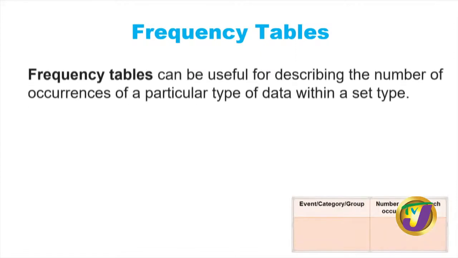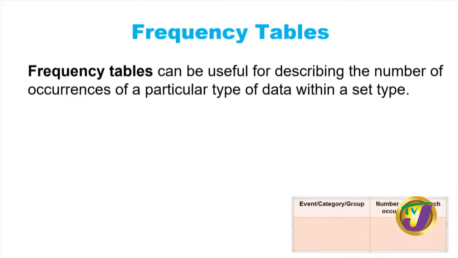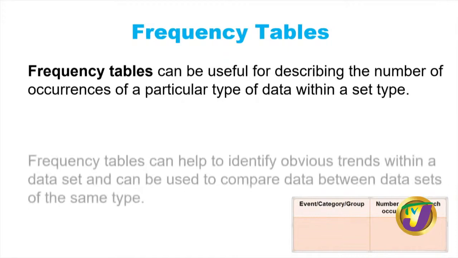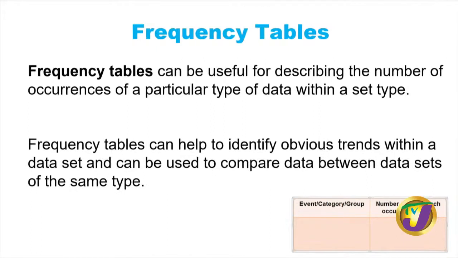Beautiful. Now, the frequency table can be useful for describing the number of occurrences of a particular type of data within a set. So right now, John can't tell how many students gave the canteen a rating of 3. Right. Data is too jumbled as it is, but in the frequency table format, he will be able to do that.